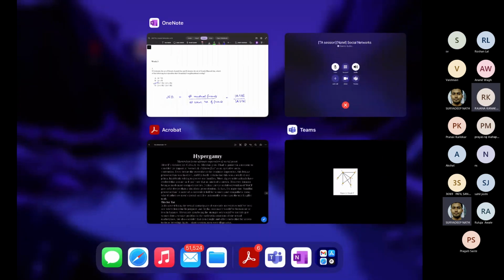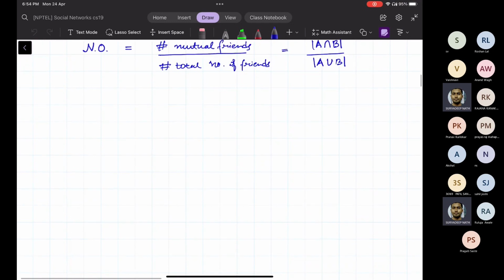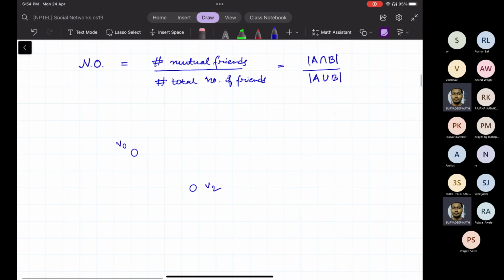Sir, can you repeat how 3 by 4 is achieved? I'm still in doubt. Okay, I'm drawing that figure over here. So you have V0, you have V2.